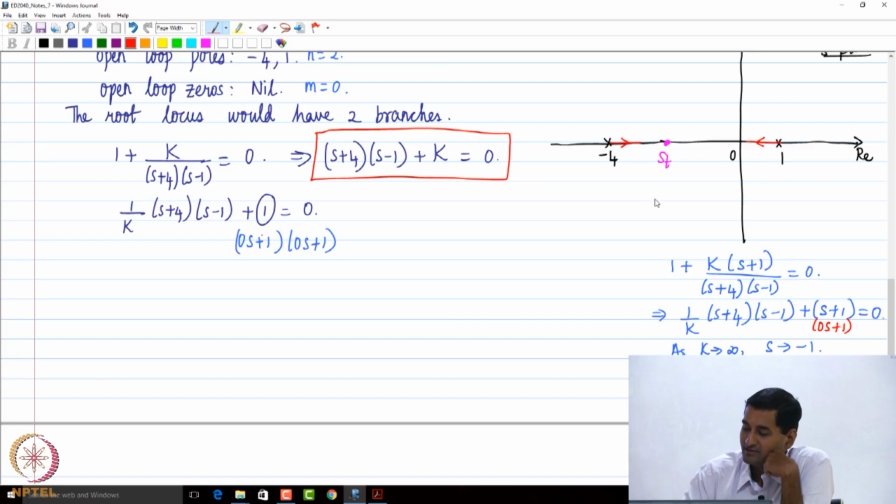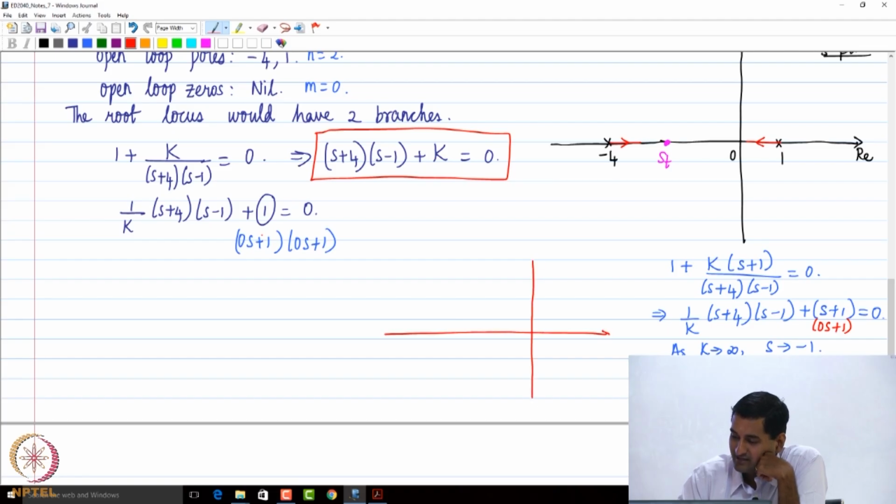Think about it. Let's say, as an aside, I had two open loop poles like this, and I take a test point like this. The first test vector is this way, the second is this way. What is the angle contribution from this one? It is this.